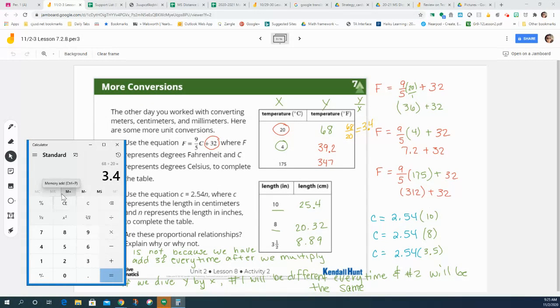Okay, the next one is 39.2 divided by 4, which equals 9.8.